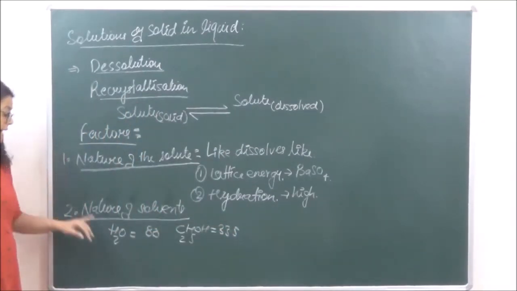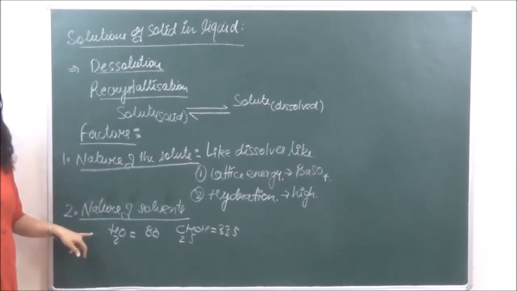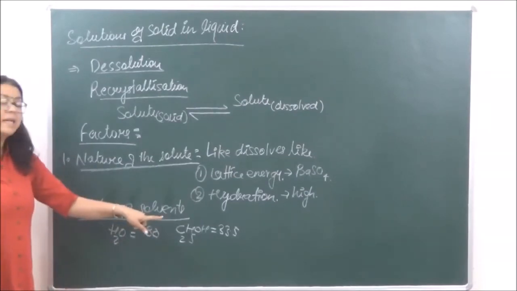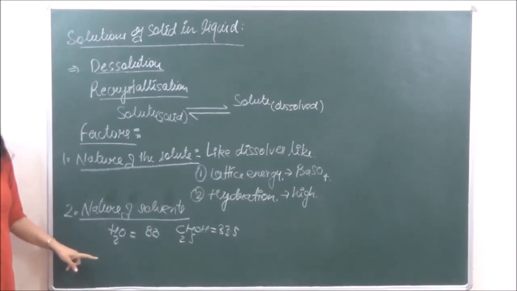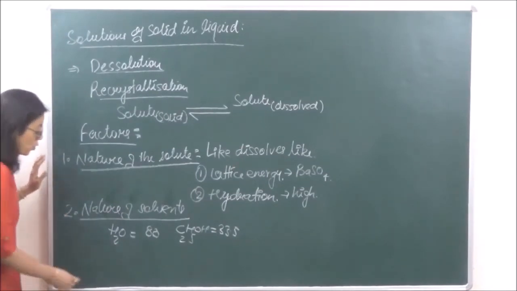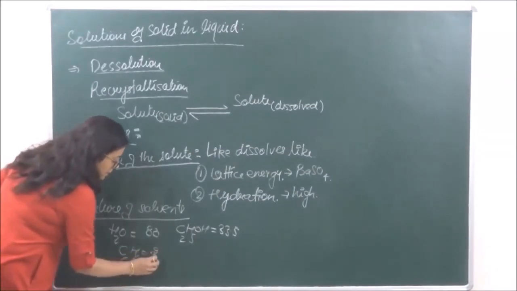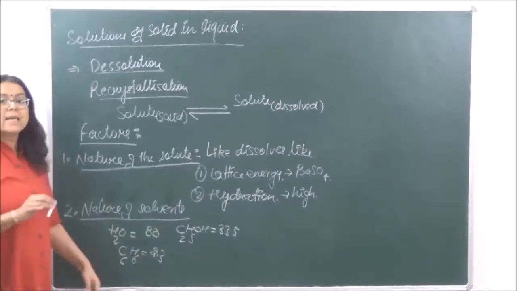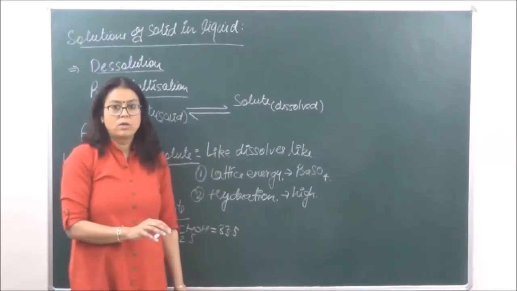So as the dielectric constant of water is more, ionic solutes dissolve better in water than in C2H5OH. And the dielectric constant of benzene is very, very low. It is only 2.3. So benzene does not dissolve ionic solutes at all.